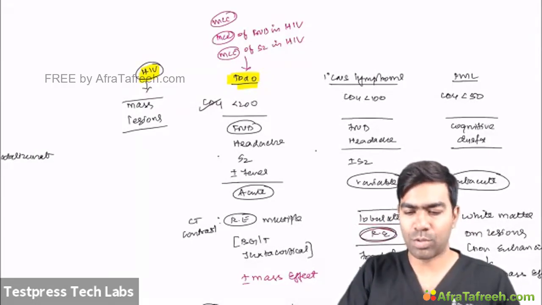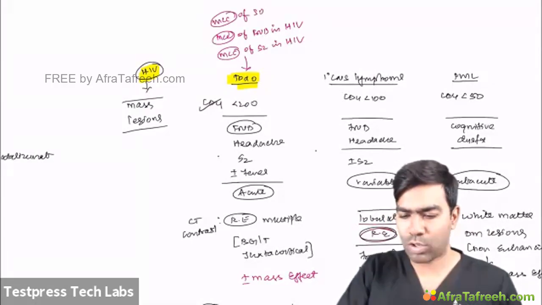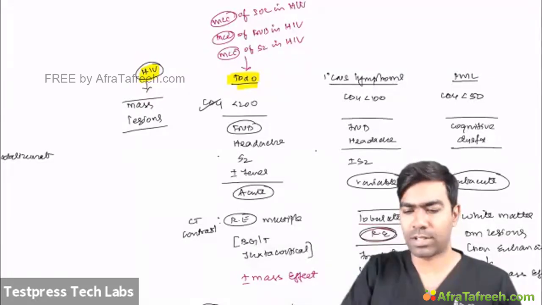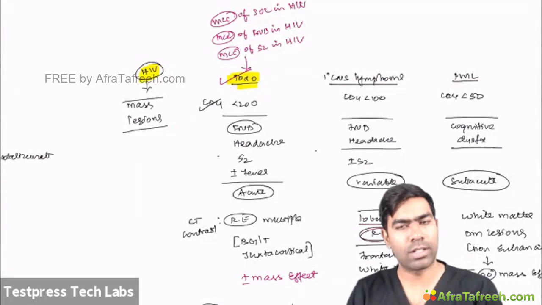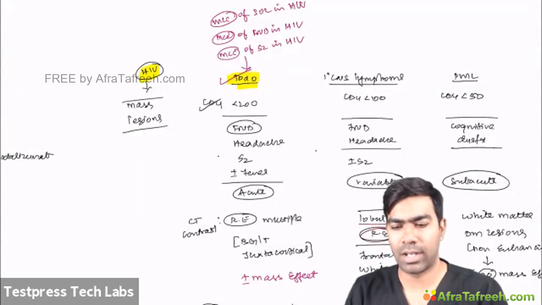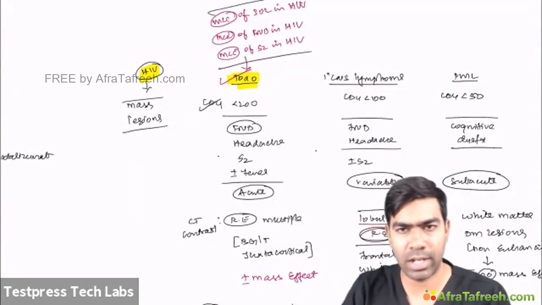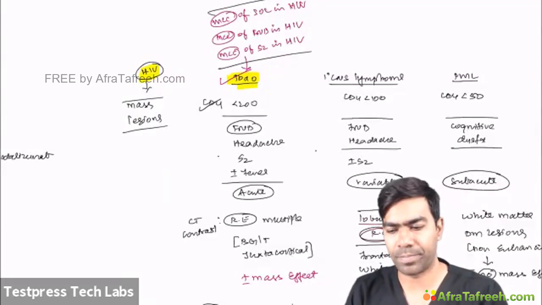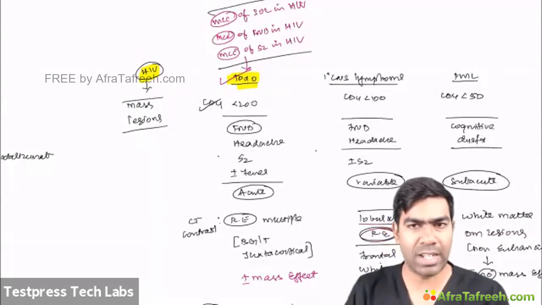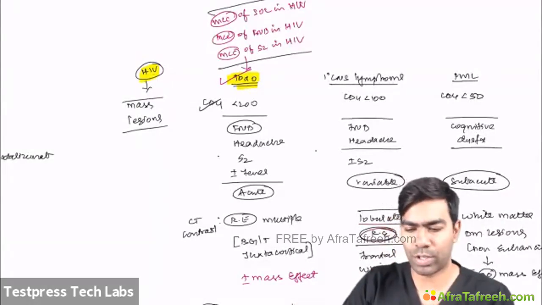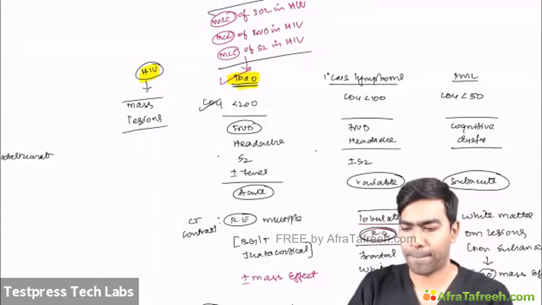If somebody asks the most common cause of space occupying lesion in the brain in HIV patients, again the answer is toxoplasmosis. That's all. These questions have been asked in the past, and I don't think most commons will be asked anymore, but you might get other things, whatever I told. So the most common cause of SOL, FND, and seizure in HIV patients is of course going to be toxoplasmosis only.